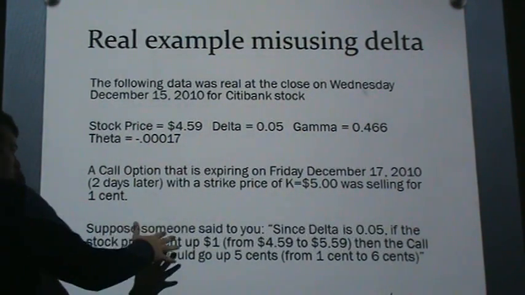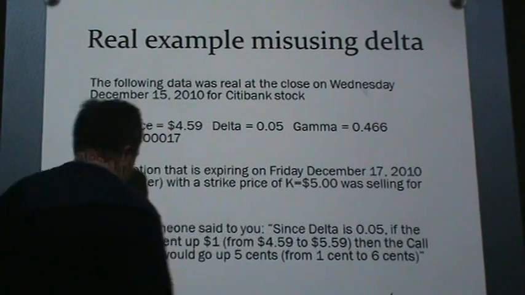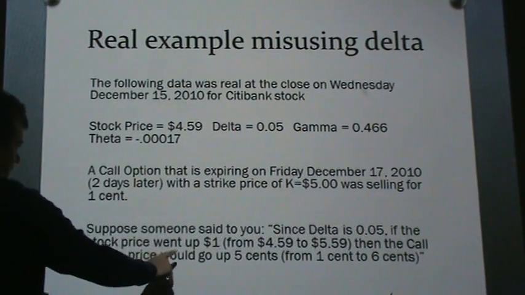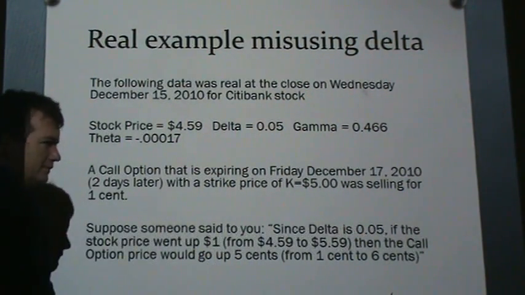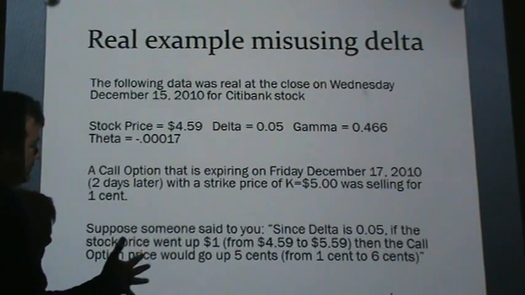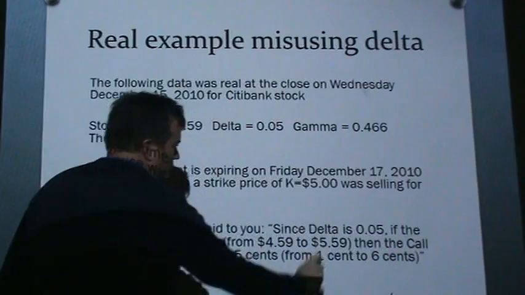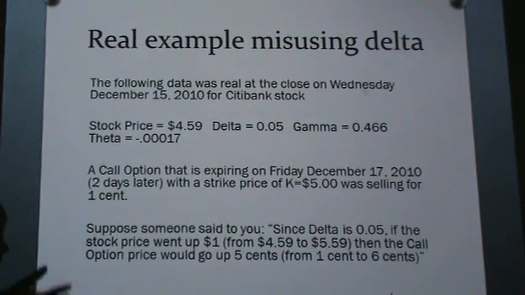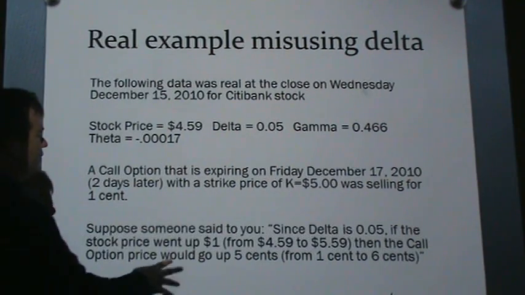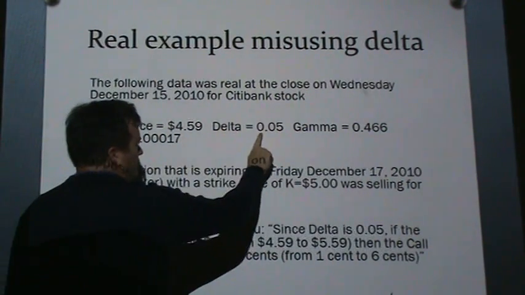So what he said to me was, well, since delta is 0.05, if the stock price went up $1 in the next 2 days, if it went from $4.59 to $5.59, then the call should go up 5 cents. If the stock goes up $1, the call goes up 5 cents.